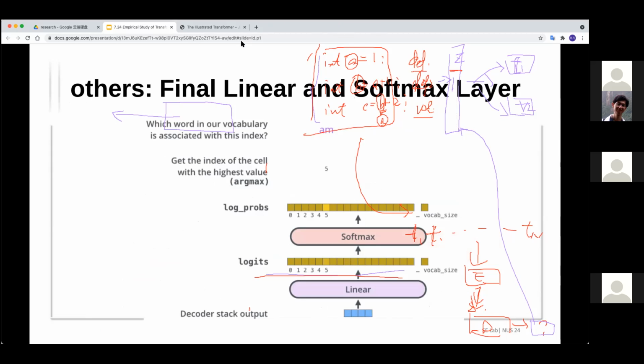Wait, the sequence size? In the original transformer, each token is represented by a vector of vocabulary size, okay? And now each token will be translated into what?